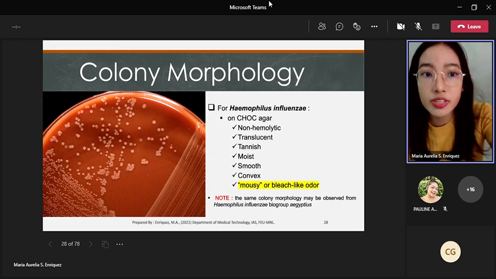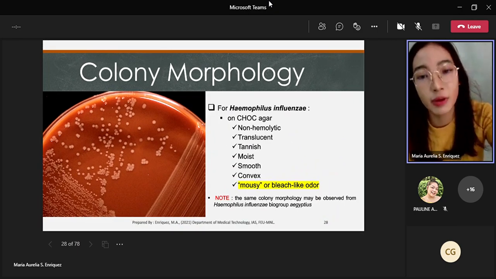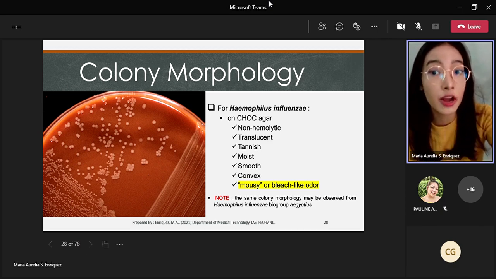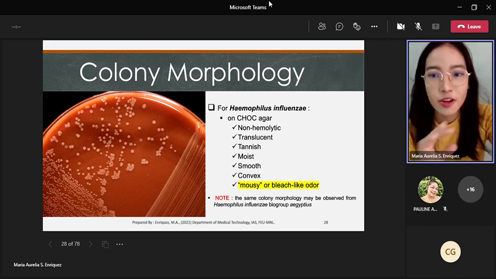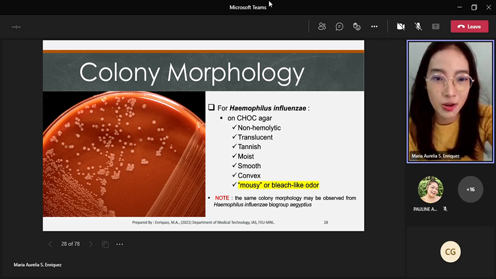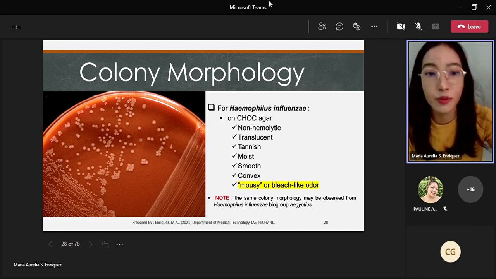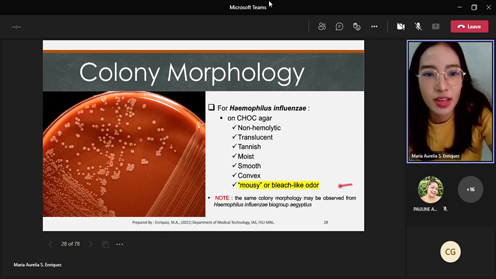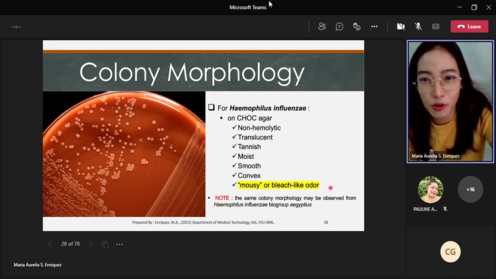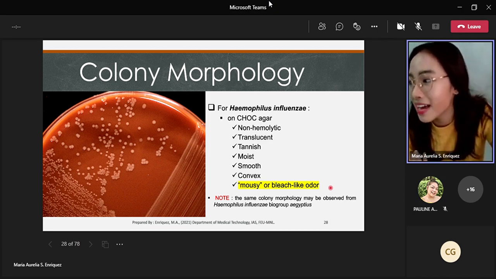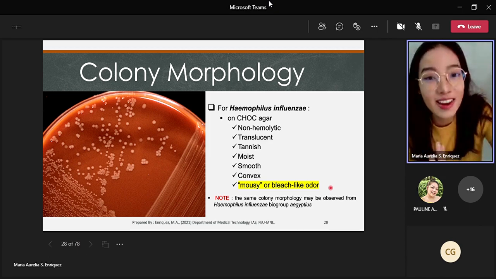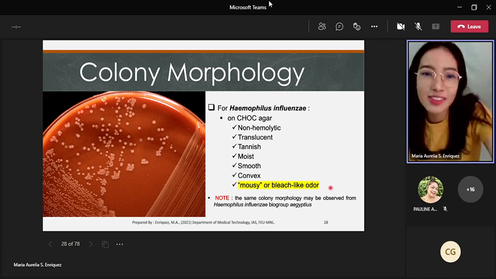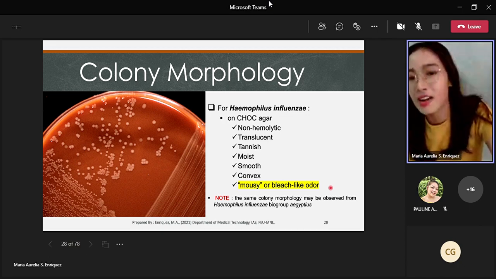Alright, colony morphology of Haemophilus influenzae. The appearance of Haemophilus influenzae on chocolate agar is described as non-hemolytic, tan, convex with a mousy or bleach-like odor. So isa po yun sa mga characteristics ng Haemophilus influenzae. So if they produce a bleach-like odor or it smells like a place that is infested with mouse or mice, yun po, yun yung sisabing mousy odor.